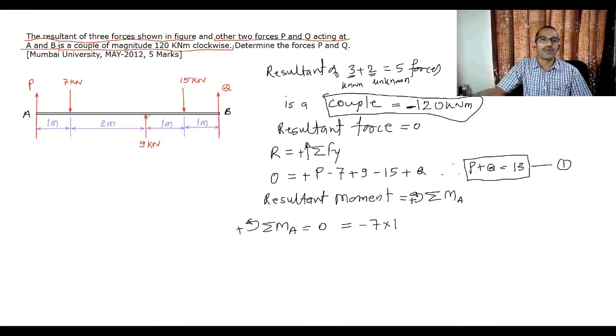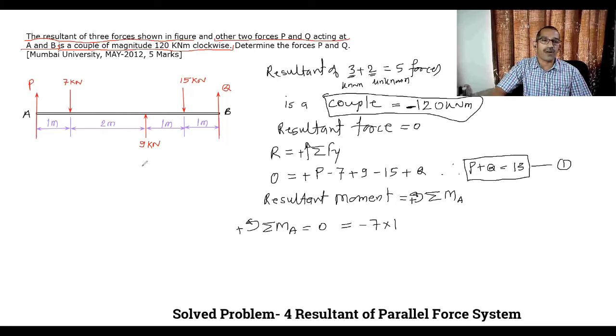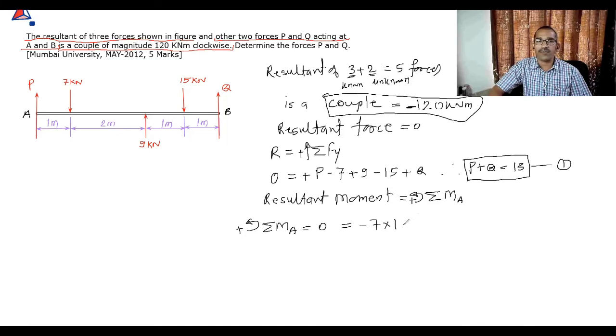Due to 9 kilonewton, applying force upward, rod AB will rotate anticlockwise, so plus 9 into 3. The moment of 15 kilonewton at A is again clockwise, minus 15 into distance 4. The moment of Q is anticlockwise, plus Q into 4 plus 1, which is 5. And this is equal to 0.